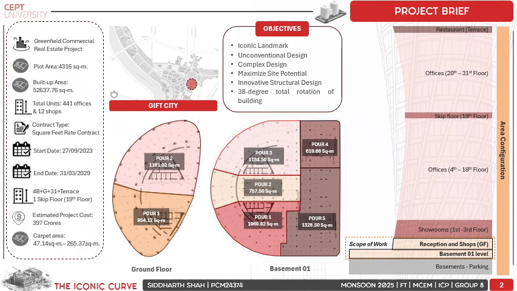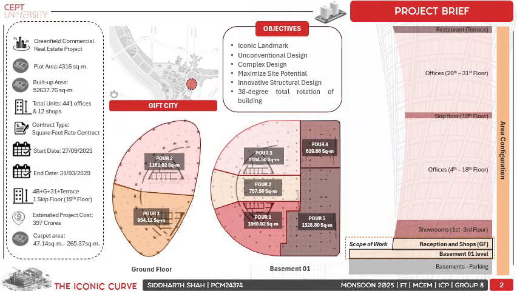unconventional project having a complex design, and the interesting thing about this project is that the columns tilt by 1 degree on every floor, which makes 38 degrees of total rotation of the building.